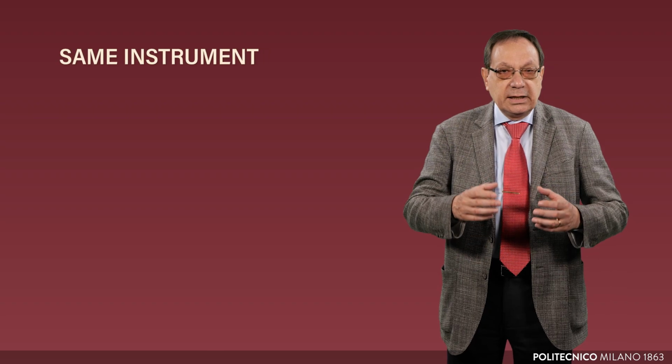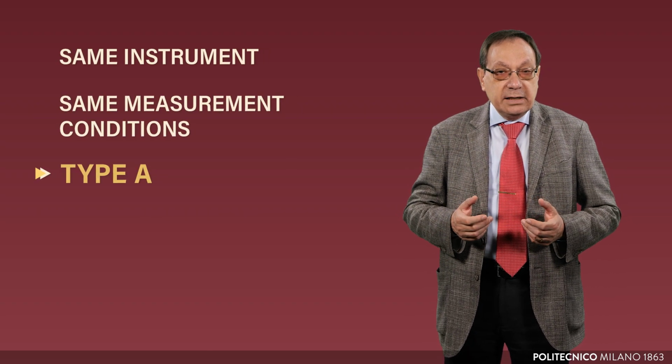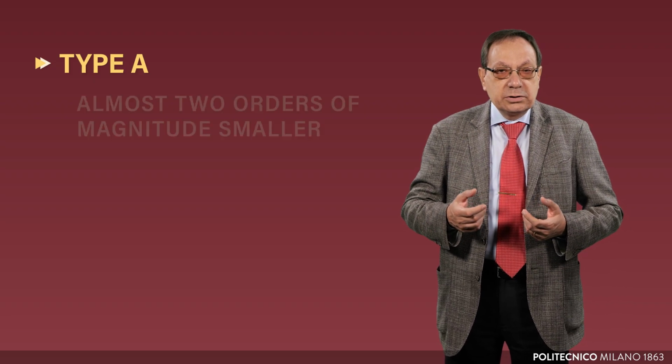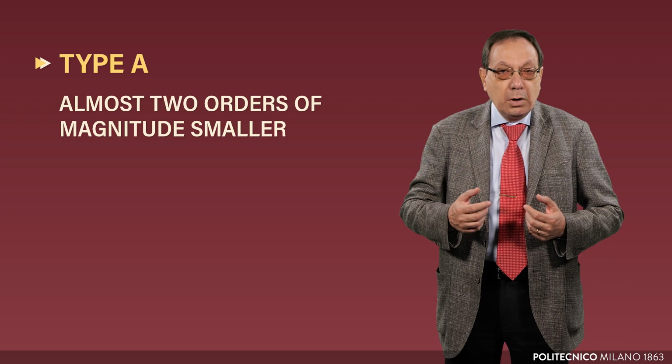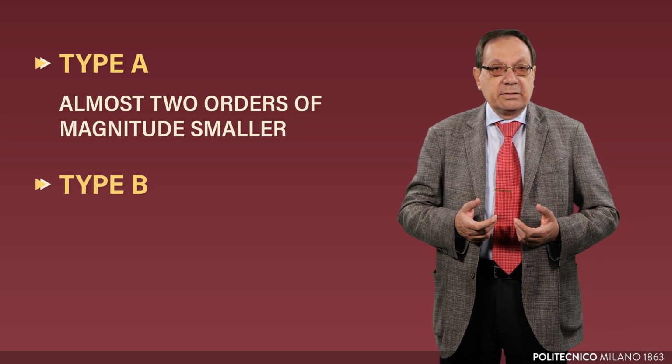We have already seen how to assess the standard uncertainty for the same instrument and under the same measurement conditions using a type A evaluation method. We would expect to find similar values, whereas the standard uncertainty assessed using the type A method is almost 2 orders of magnitude smaller than the one just evaluated with the type B method.